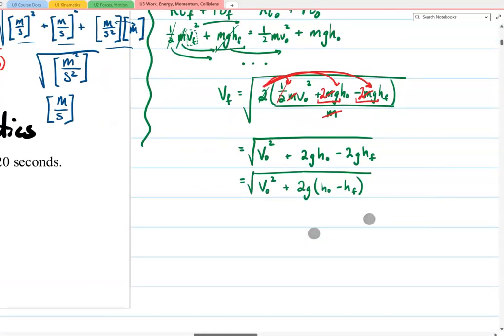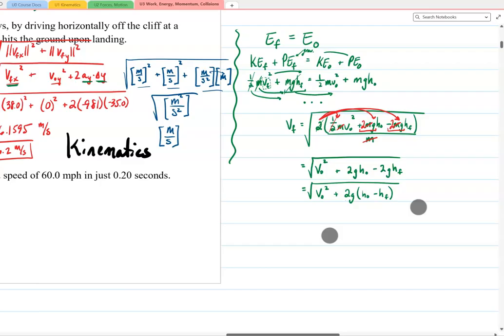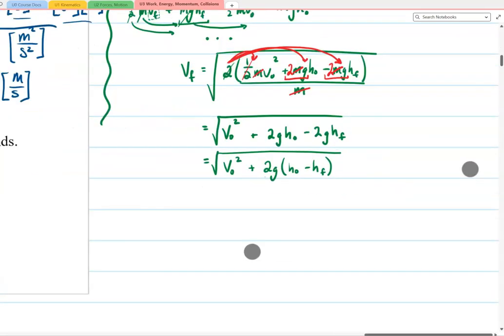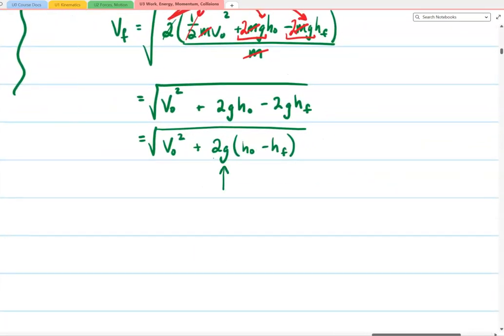So the formulas end up becoming remarkably similar to one another. In fact, one could argue that they're exactly the same, especially when you account for this notion of delta y, in this case reporting as a negative number, but that negative multiplied by our acceleration, which is negative, turns positive. G we always report as a positive number.